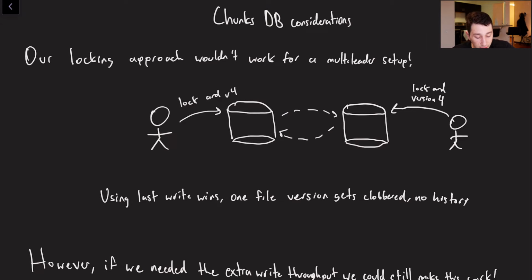So imagine that we've got leader 1 on our left, leader 2 on our right. They both try to lock and grab version 4 of a specific file, but then on anti-entropy, these two leaders are going to sync up with one another, and it's going to be arbitrary which version 4 is actually going to win, because tables like these typically tend to use last write wins.